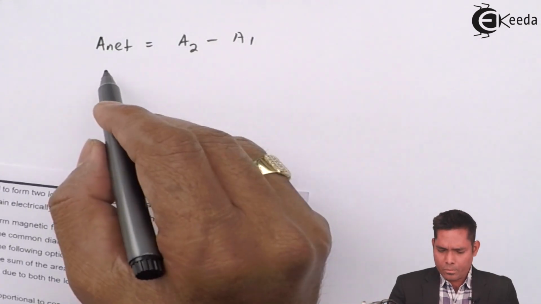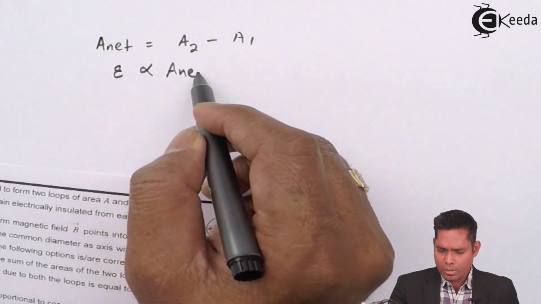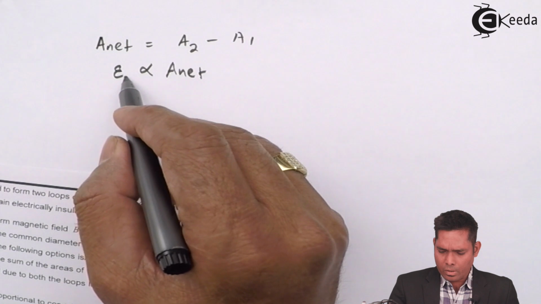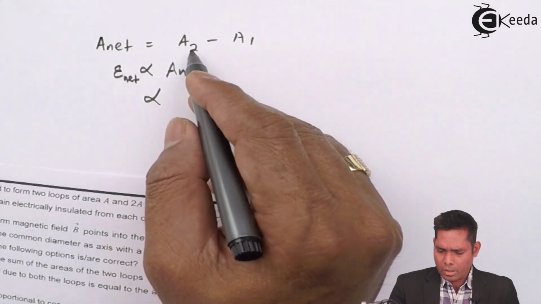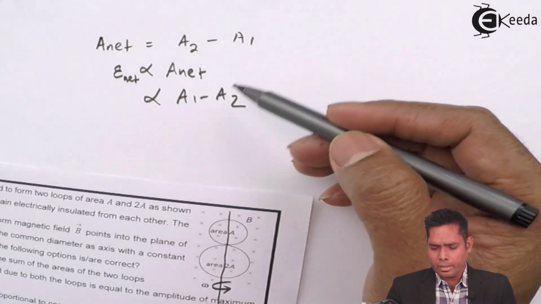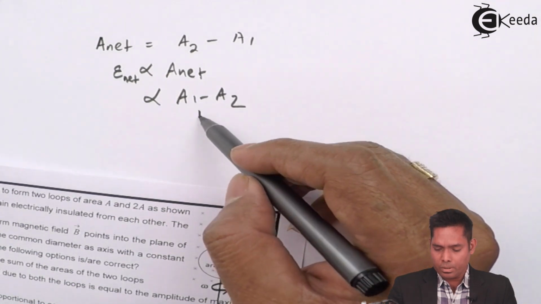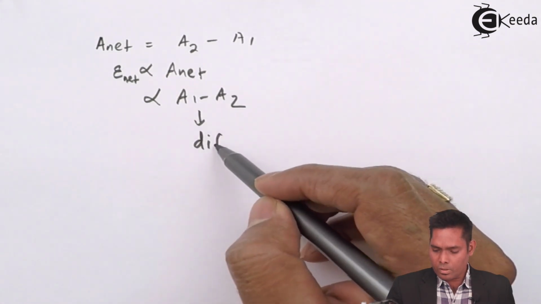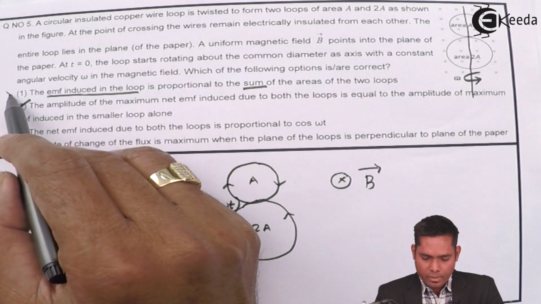So E net is proportional to A net, which is proportional to A2 minus A1 or A1 minus A2. It is the difference, not the sum, so this is not right.